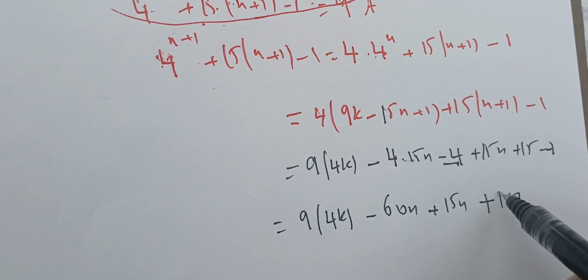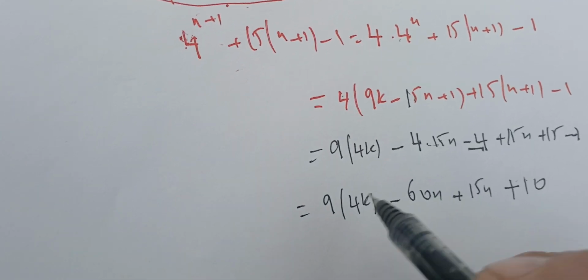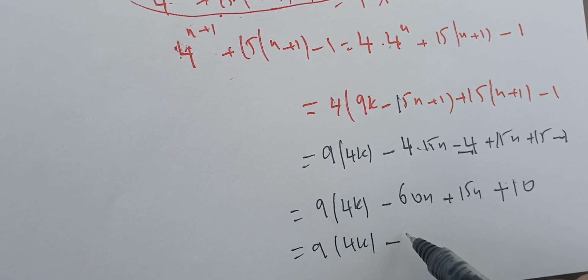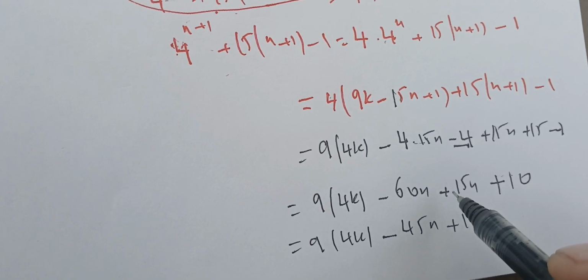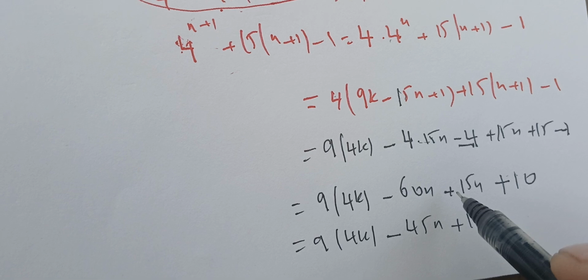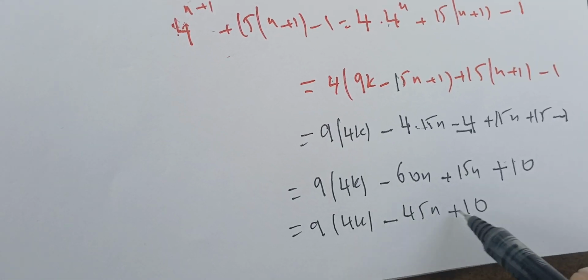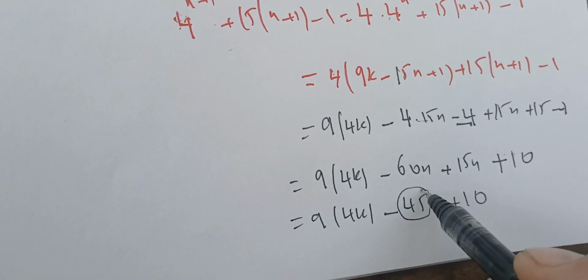Okay, so you can see that I can write this as 9 times 4k, and here I can subtract 45n and add 10. Now this 45, I can write it as 9 times 5.